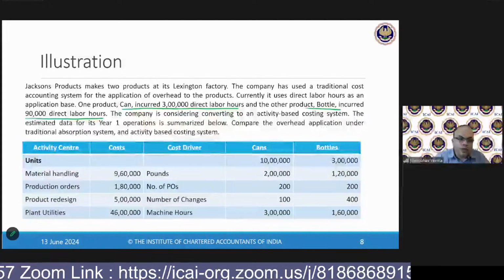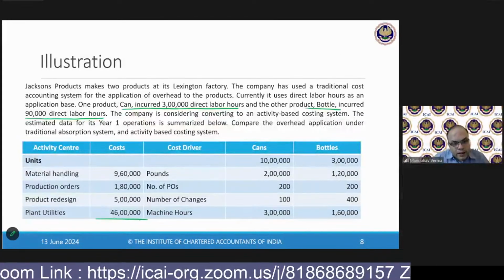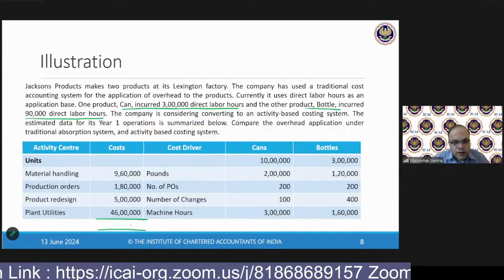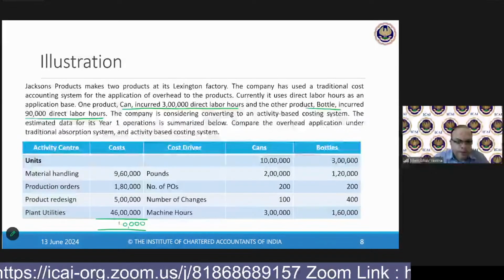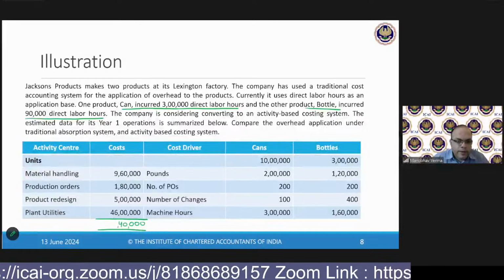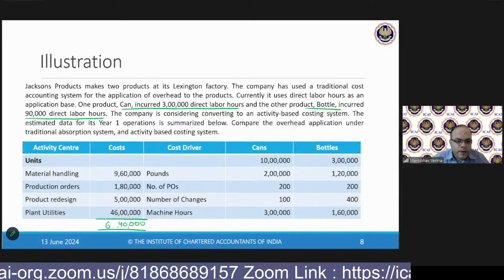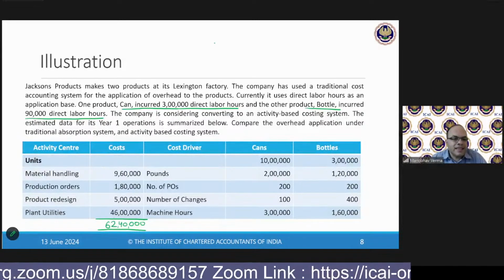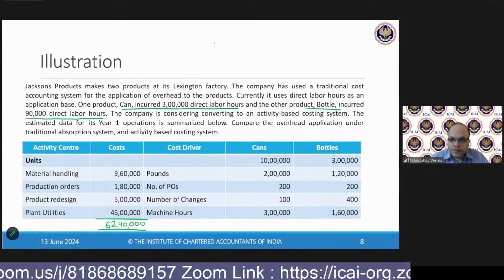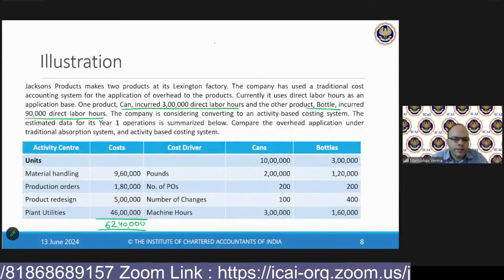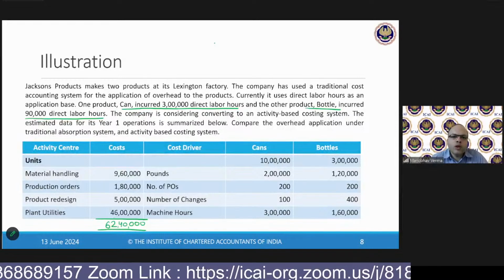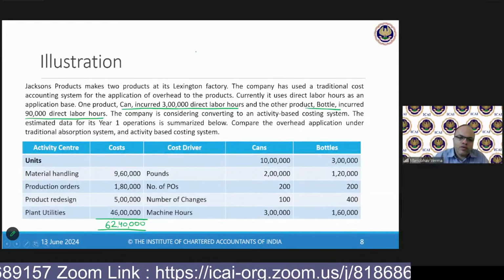So let's calculate the total overheads here as a first step. We're getting 62 lakhs 40,000. Just want to check if you guys are with me on this. My total overhead is 62 lakh 40,000.